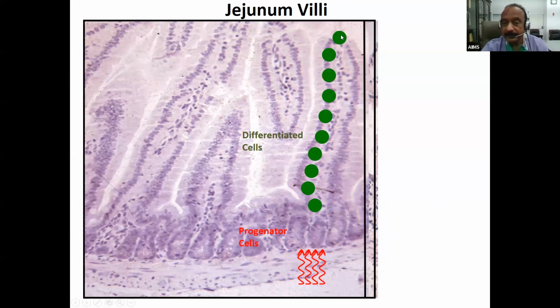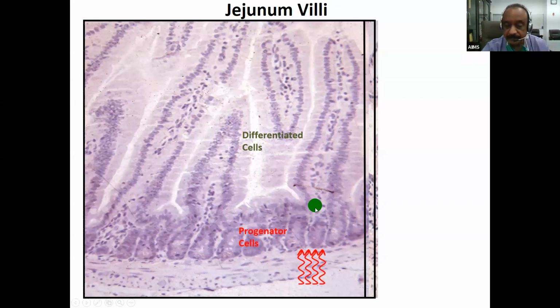So what will happen? When this cell lives its life and dies, the cell next in the queue will take its position and perform the function. When this cell dies, this cell will take its place, and so on, until all the cells are consumed. Unless all the cells are consumed, there will not be any manifestation of radiation injury.